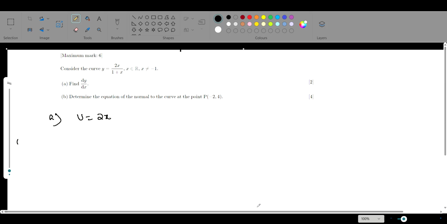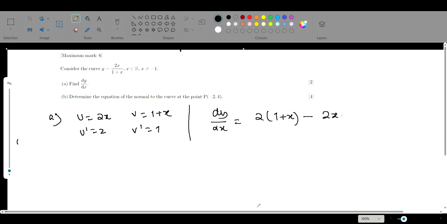u is 2x, so u dash will be 2. v is 1 plus x, so v dash will be 1. dy over dx would be u dash times v, so it's 2 times 1 plus x, minus u times v dash, upon 1 plus x squared, that is v squared.